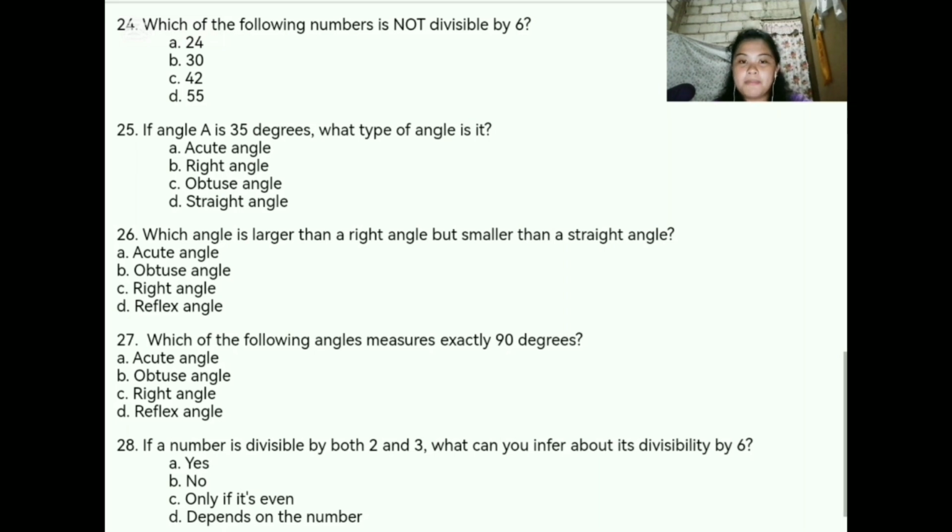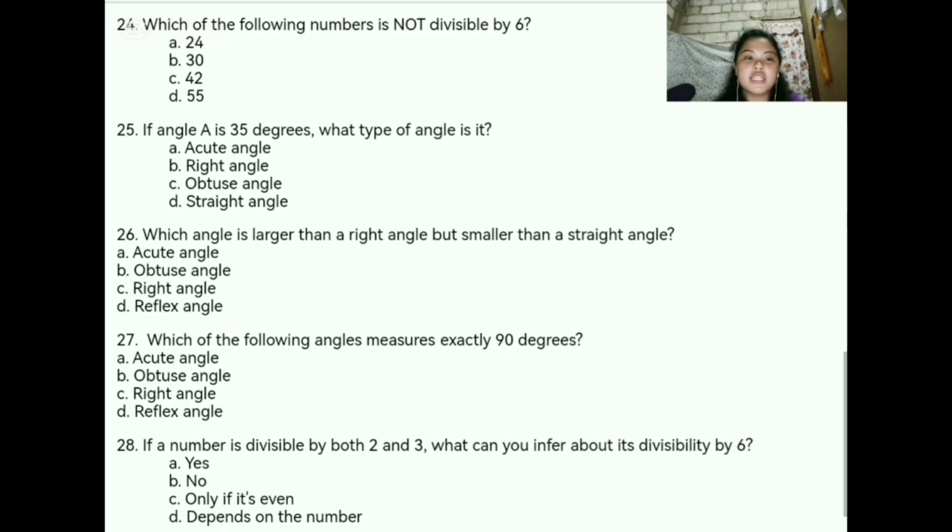How about letter B, obtuse angle? So obtuse angle is correct because again, obtuse angle measures greater than 90 degrees and less than 180 degrees. So how about letter C, right angle? It is also incorrect because a right angle measures only exactly 90 degrees.